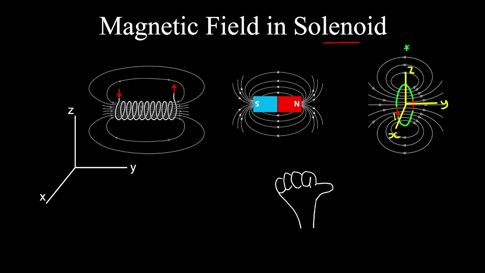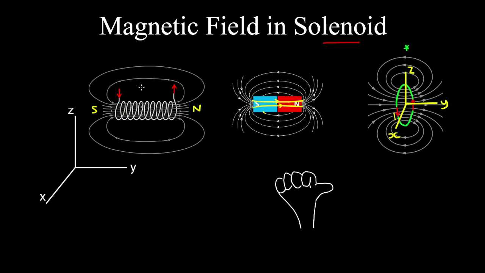So note that inside this magnet, you have a higher density of magnetic field lines, because remember that magnetic field lines form closed loops. So by winding these loops of wire together, you essentially end up with a magnet with a north and south pole.